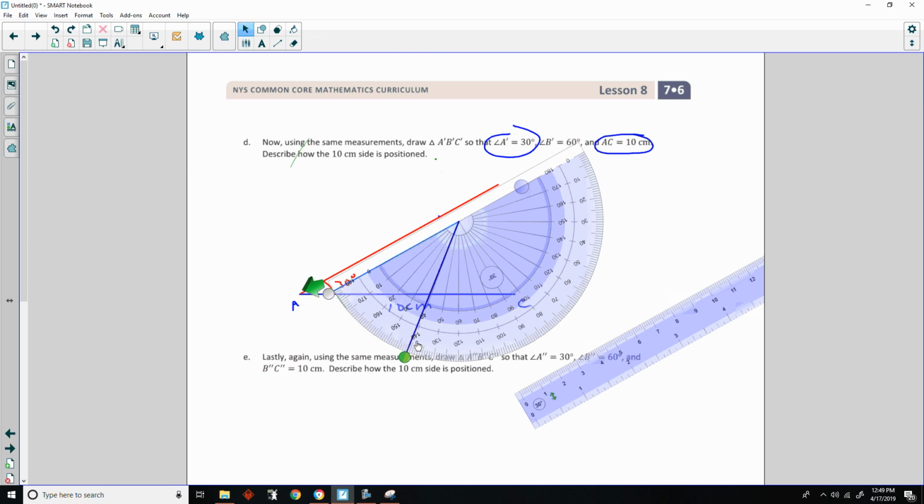All right, so this will help if you have this on your protractor. Okay, so there's a 60-degree angle right here. Where did it go? Right there. That is 60 degrees here.